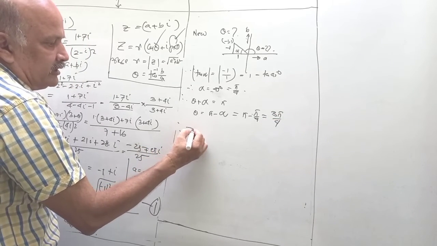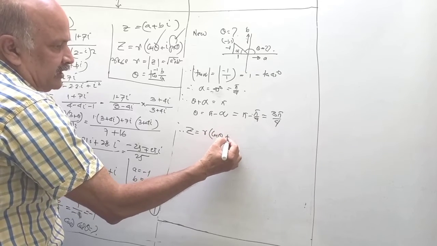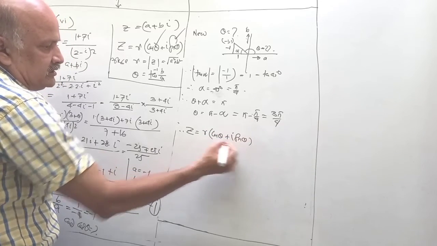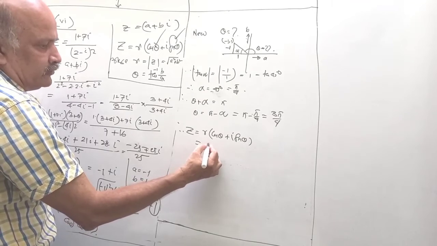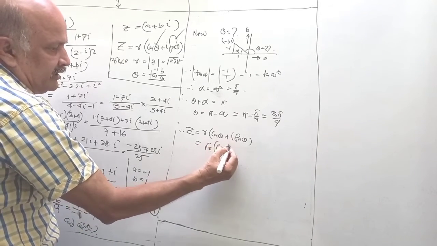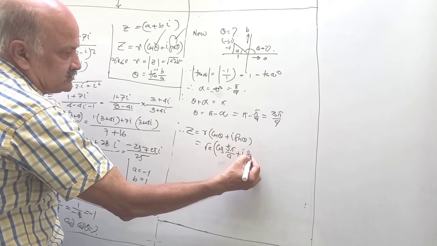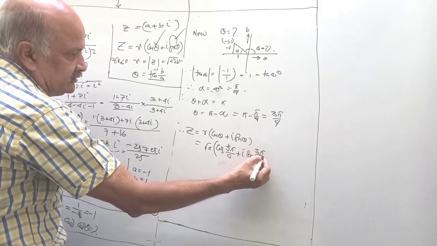Hence, polar form: z equal to r(cos theta + i sin theta), the value of r is root 2, into cos 3 pi by 4 plus i sin 3 pi by 4.